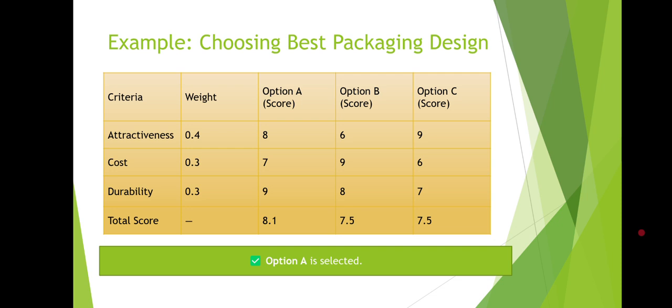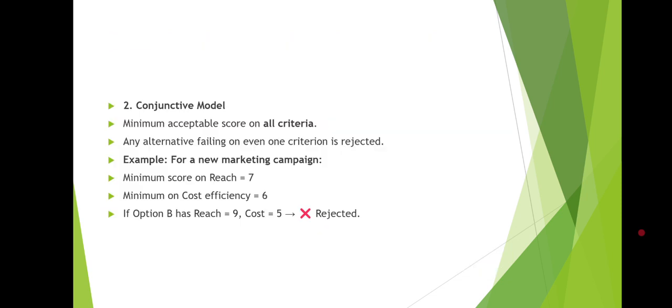In option A we have this score, option B we have this score mentioned here, and option C we have this score. So we analyze this table, and after that we select option A on the basis of the three criteria. Out of the three criteria we choose one, attractiveness, to choose the best packaging design.